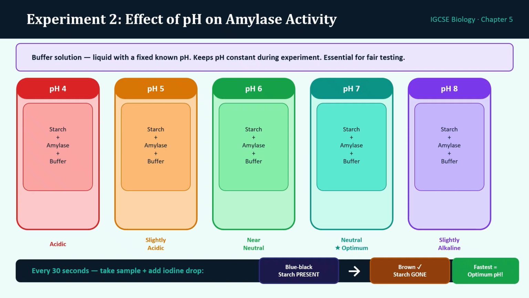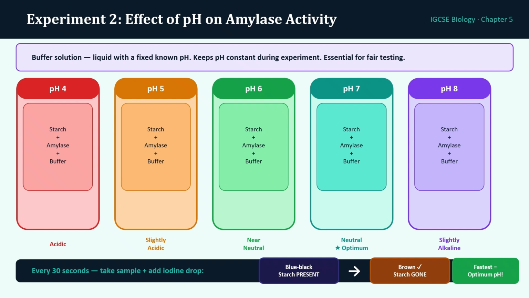Here is your method. You prepare starch solution and amylase solution. You set up 5 different test tubes, each with a different buffer solution, for example pH 4, pH 5, pH 6, pH 7 and pH 8. Add the same volume of starch to each tube and the same volume of amylase to each tube.